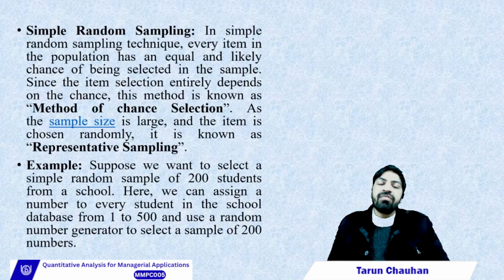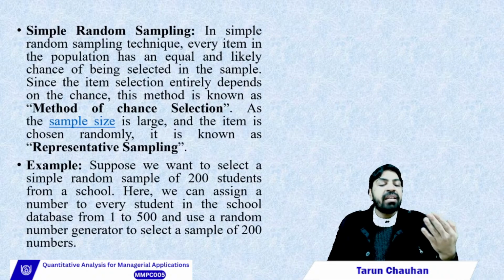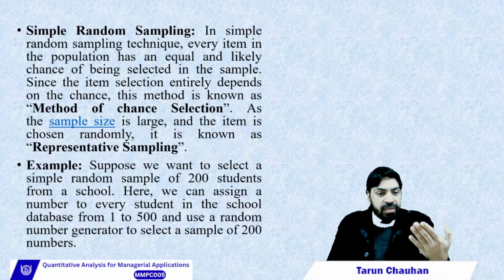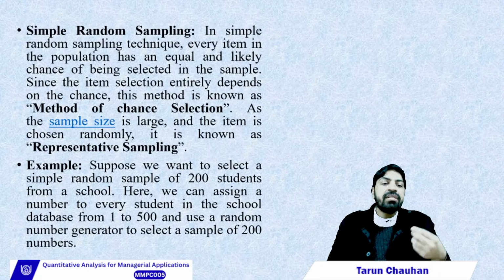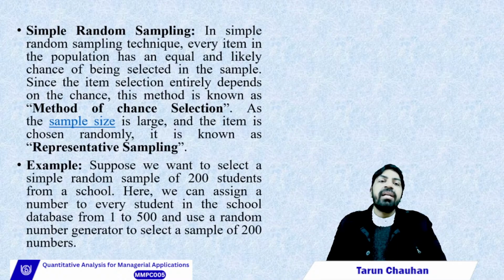So the first 5 students, then the next 5 students, that means 5, 10, 15, 20, 25, 30. We generated a difference of 5, so every fifth item will be randomly selected, and that's called simple random sampling.